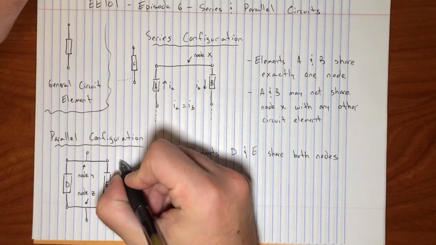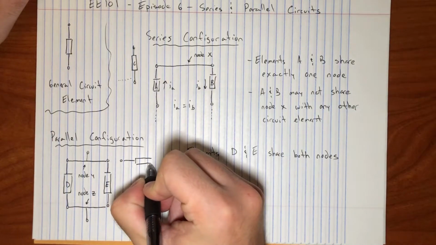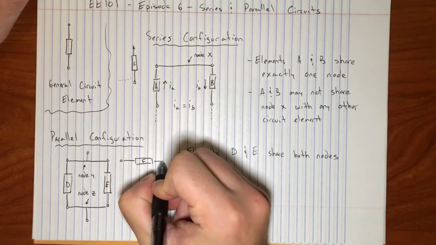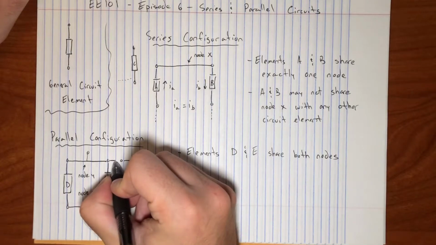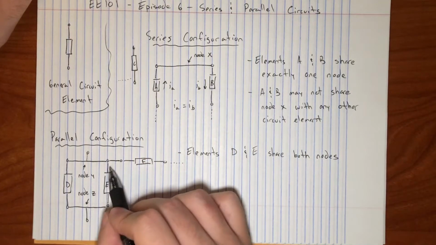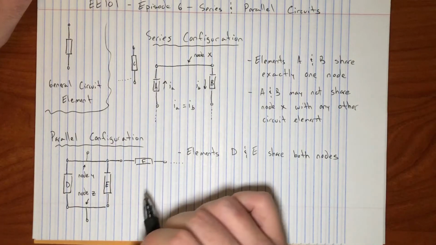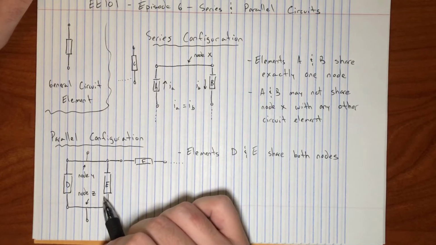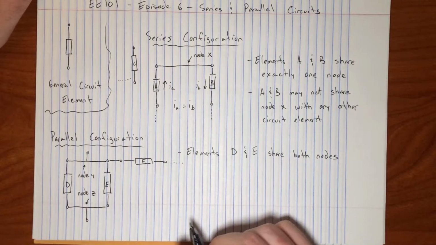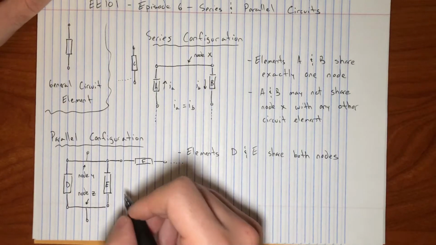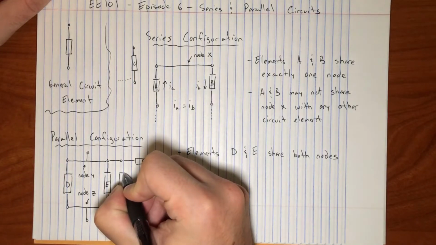So let's say I had an element here. We'll call it F. It goes off into the ether somewhere. If it's hanging off node Y, and its other end goes off into the ether, it doesn't matter. D and E are still in parallel. They still share exactly both of their nodes. Now, if I was to add an element here, and what letter comes after F?